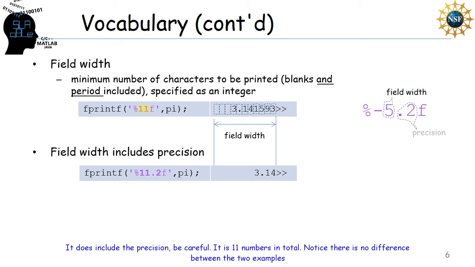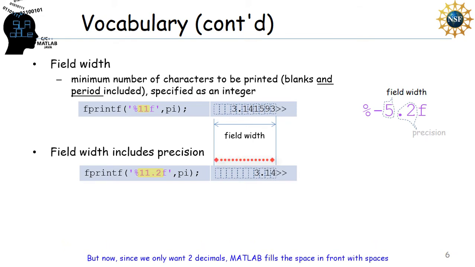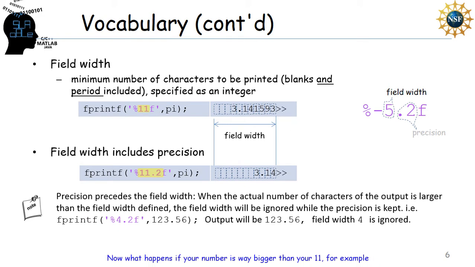Now it does include the precision. Do be careful. It's not 11 numbers in front, 2 in the back. It's 11 total. Notice there's no difference between the top and the bottom example here. But now MATLAB said, well, you only want 2 decimals, so I will fill in the front with spaces. Now what happens if your number is way bigger than your 11, for example? Well, MATLAB will ignore the field width and keep the precision.